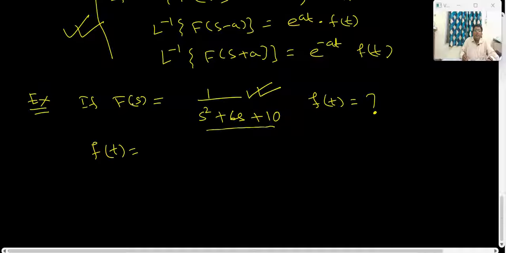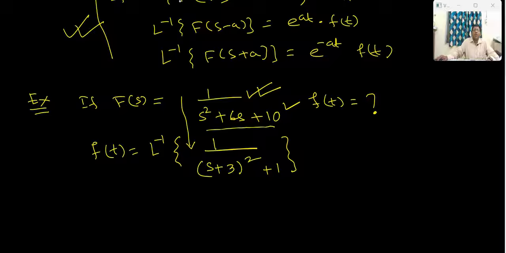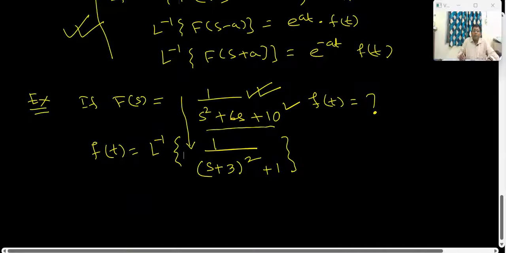My f(t) is L inverse of this F(s), which means 1 by (s plus 3) whole square, that is s square plus 6s plus 9, it remains with your 1. So I just adjust it. Clear? Now you forget about this s plus 3.